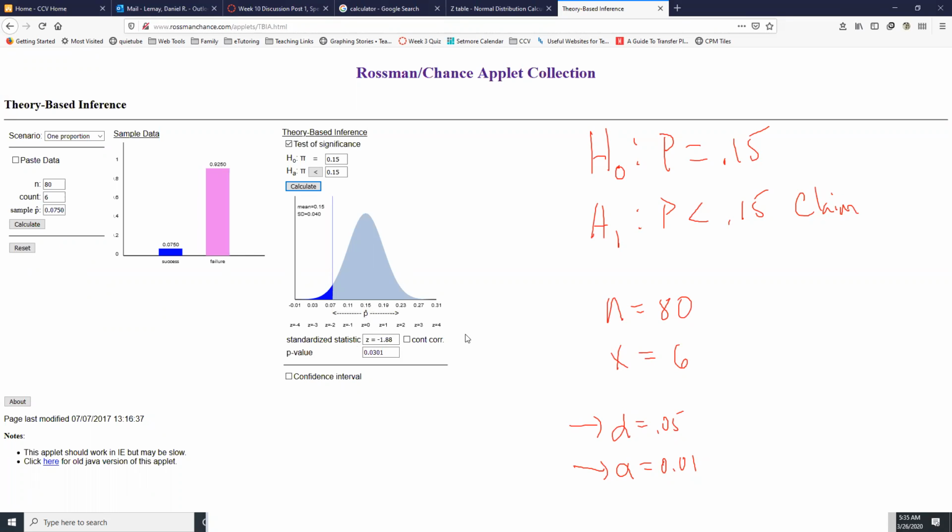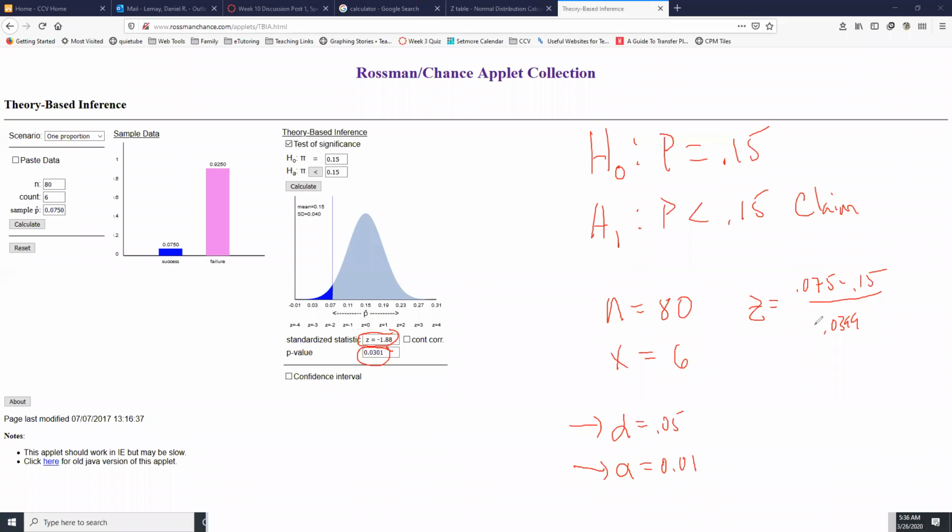So what do we got going on here? You want to do the condition check, state the claim, write your hypotheses. Here's your test statistic. Here's your p-value. Now to do this all by hand, you're going to use that formula z equals 0.075 minus 0.15 over, and we did all that arithmetic before, the standard deviation of 0.0399.